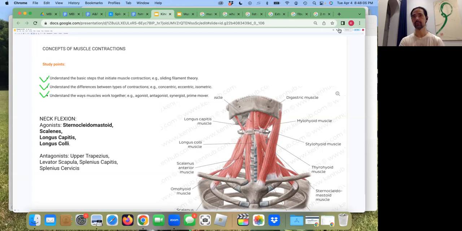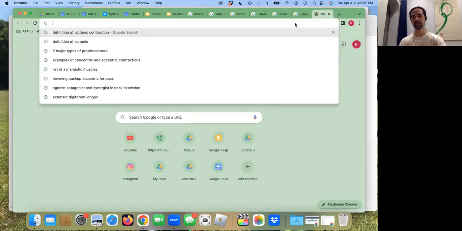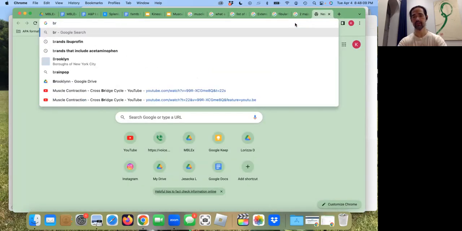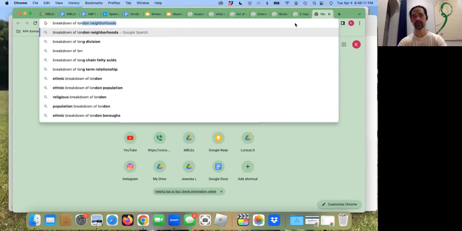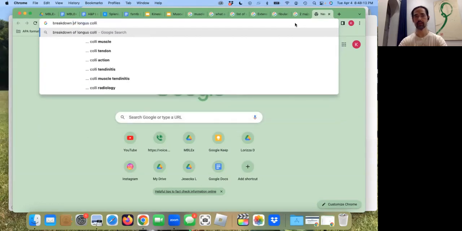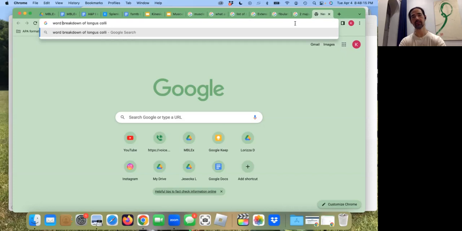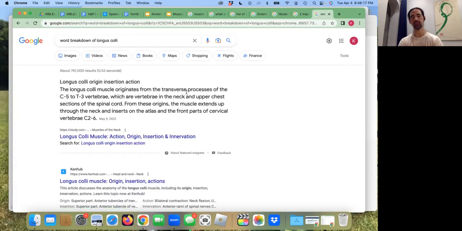And then you can remember coli. Let's see, I think that means collar. Let's see if I got that breakdown of longest coli, word breakdown. Remember, if you want to know what anything means, you type in the name of the muscle, in this case, and then word breakdown.